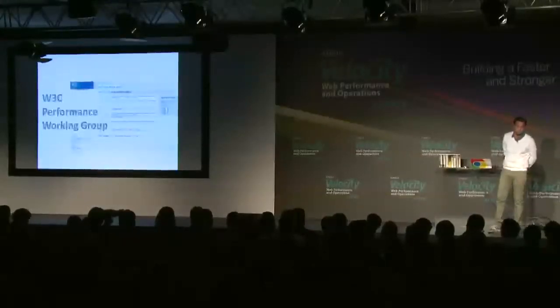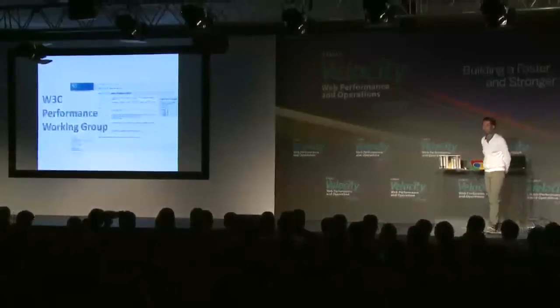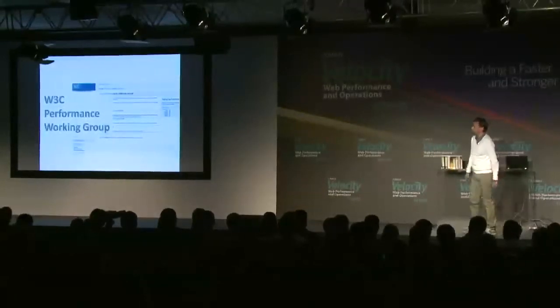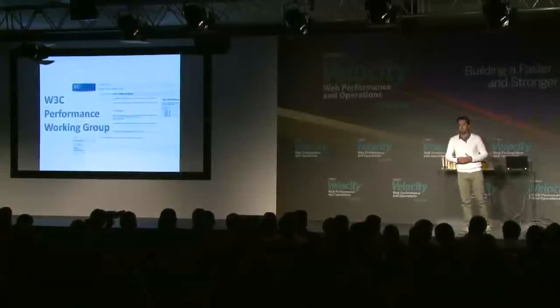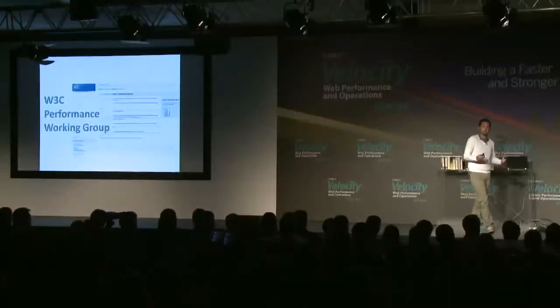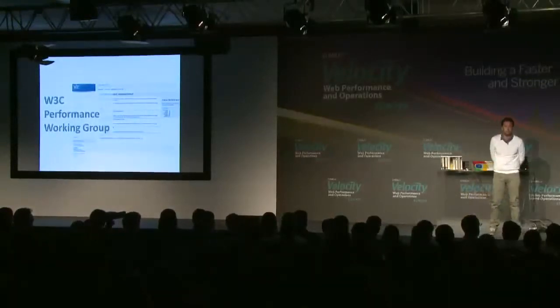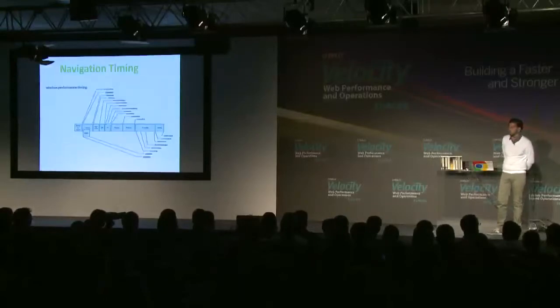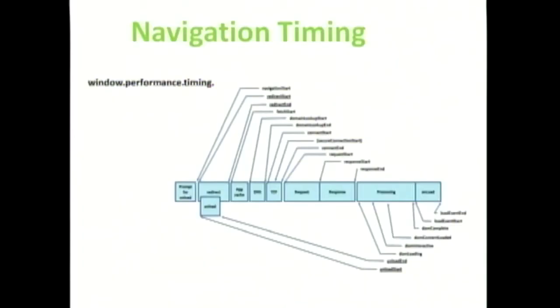And that's what the W3C Performance Working Group is all about, providing better means, better APIs for people interested in web performance that they can use and work with. I think the most widely known standard is navigation timing, which more or less breaks down the whole page lifecycle into individual steps and lets you get all the metrics from the user entering a URL or clicking on a link until the onload event has finished loading.